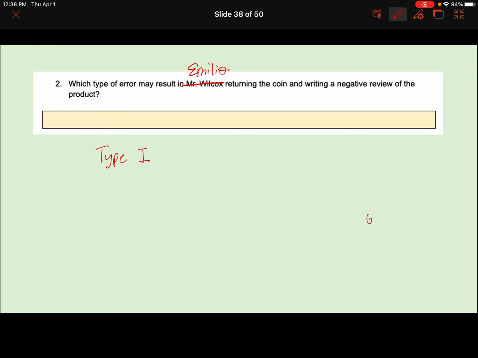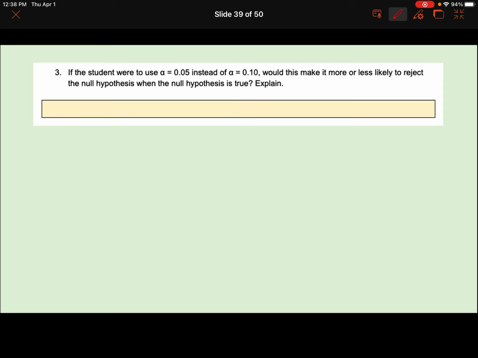Okay, and then last part here, for question 3, if the student were to use a 0.05 significance level instead of 0.1, would this make it more or less likely to reject the null hypothesis when the null hypothesis is true? So again, rejecting H sub 0, or the null hypothesis, when it's actually true is a type 1 error.